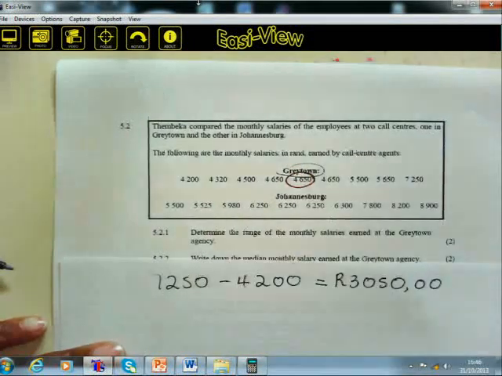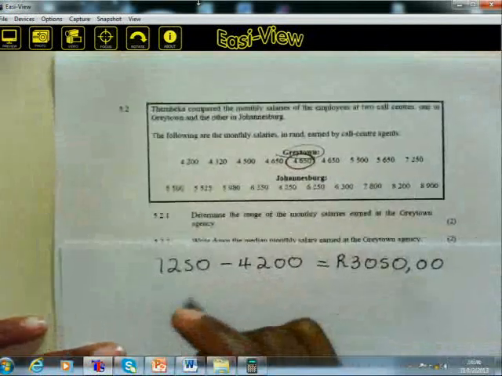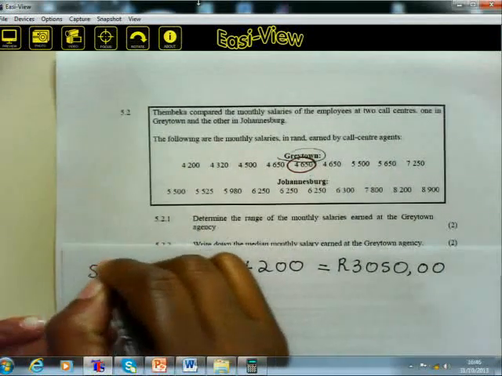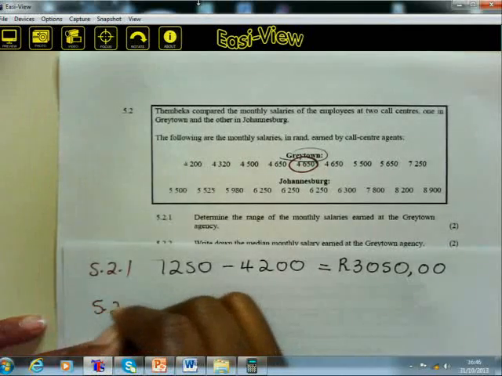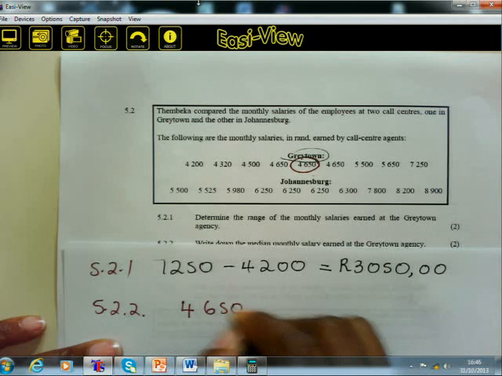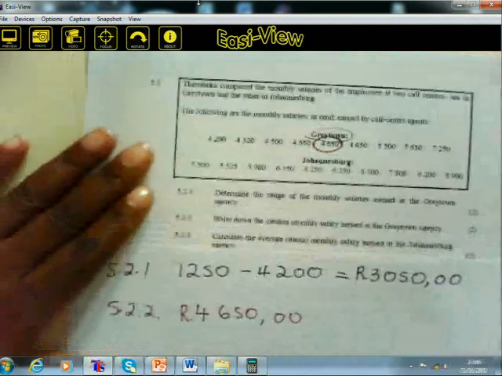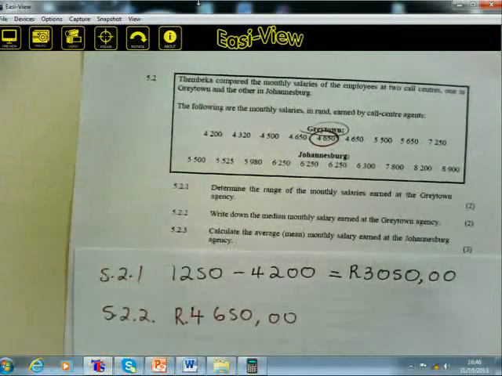This is our median. And then 1, 2, 3, 4. So the answer for 5.2.1 was done, and for 5.2.2 the answer is 4,650. Remember to put the unit because it is money, because it is in rands.